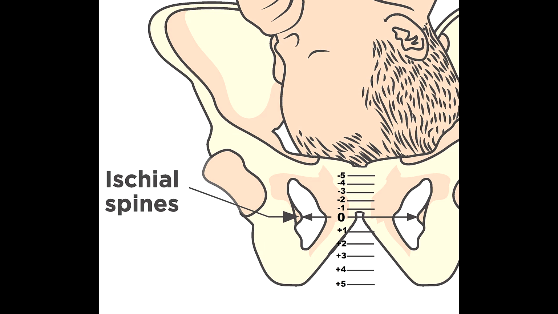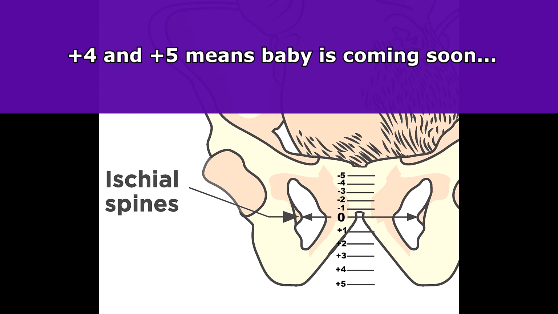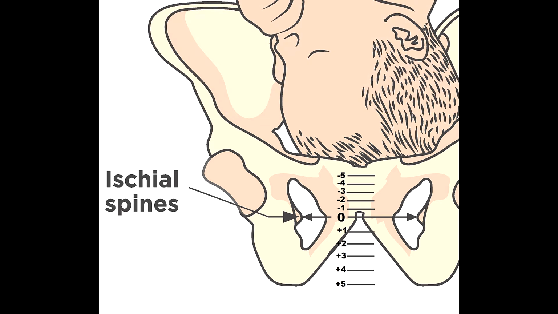Now, whenever we're looking below that line, the numbers are referred to as plus numbers. So 1 centimeter below that line would be plus 1. 2 centimeters below, plus 2. 3 centimeters, plus 3. Now, whenever we start getting into a fetal station of plus 4, plus 5, this is letting us know that baby is about to be born and you want to be prepared for delivery.